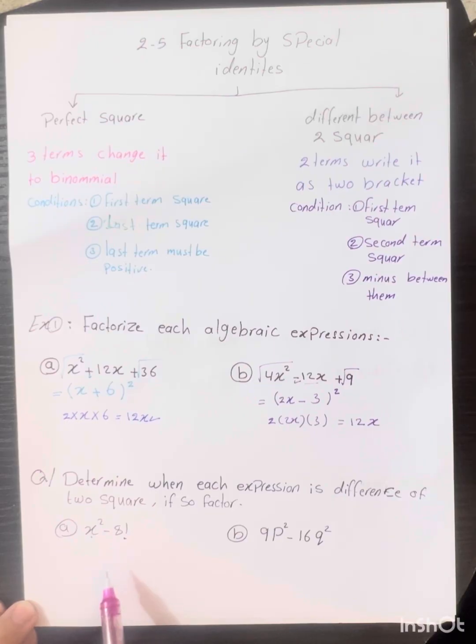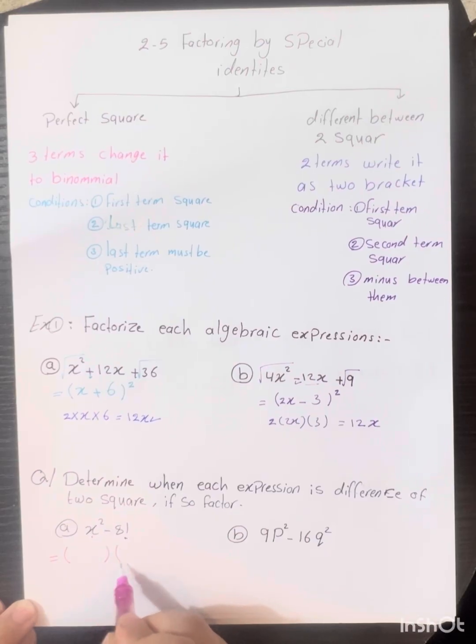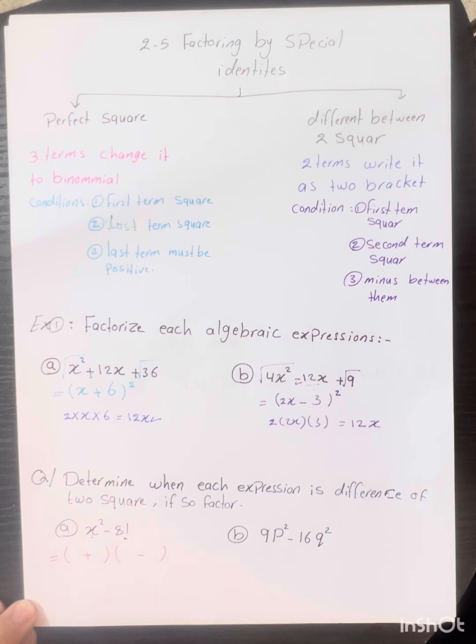We need to change this expression to two brackets, first bracket and second bracket, plus and minus. Take a square root for both terms: this will be x, this will be 9.